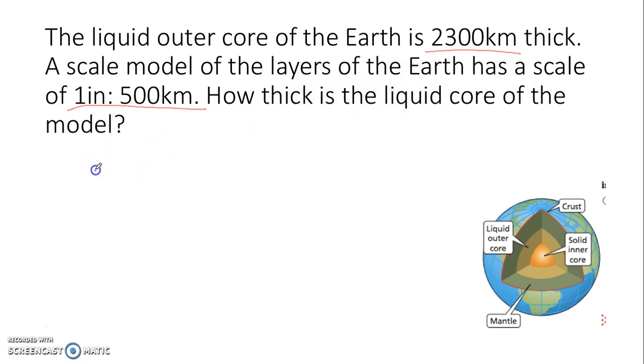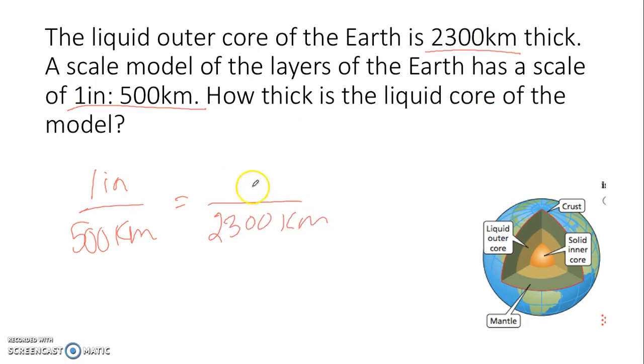So the scale is 1 inch to 500 kilometers. That's something we know, and we know that it's proportionate, or equal to, and we make sure the labels are on the same level: 2,300 kilometers, but we don't know how many inches. That's what we're trying to figure out, so x. Cross multiply: 1 times 2,300 is 2,300, is equal to 500x.